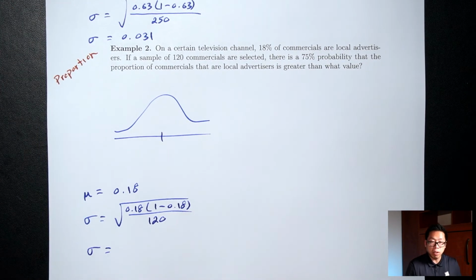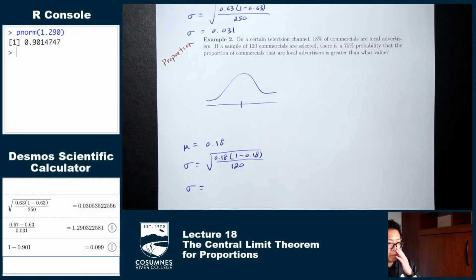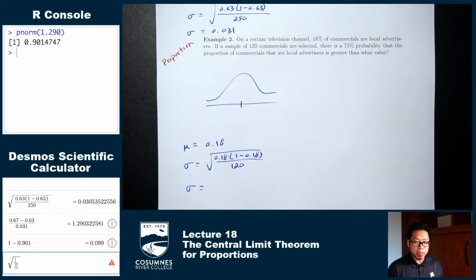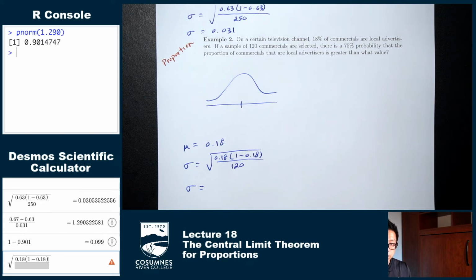Okay, so on our calculator. The best way to do this is click on the square root button first, and then click on the fraction button, which is the a over b. So that forces the fraction inside the square root, and then inside the square root on top, 0.18 times 1 minus 0.18, over 120.